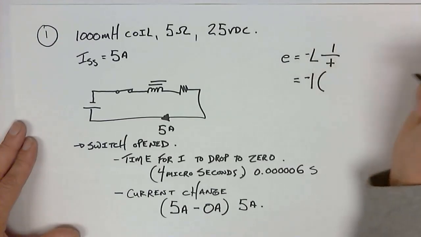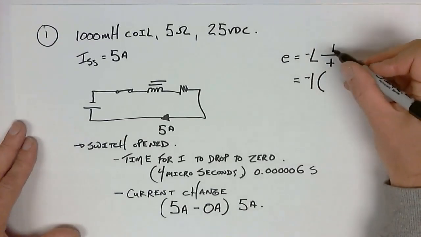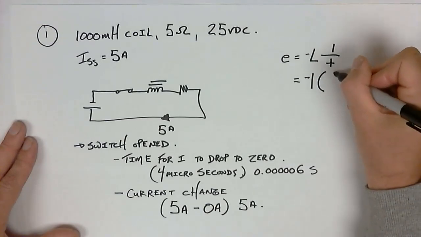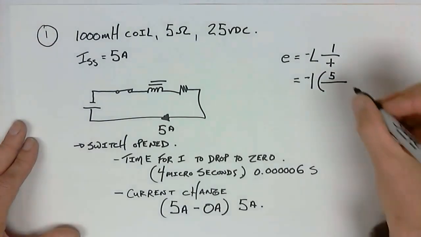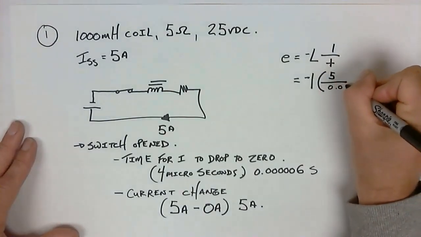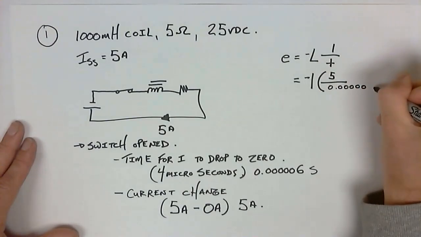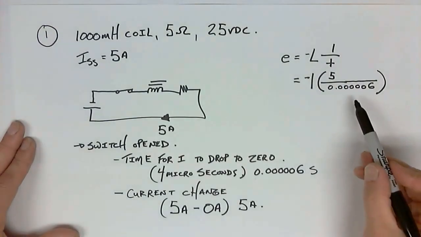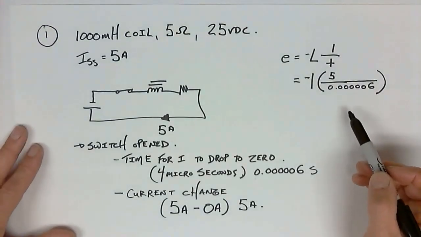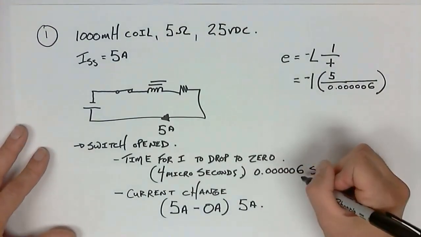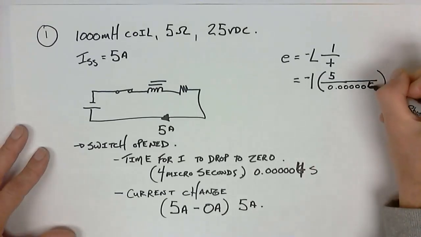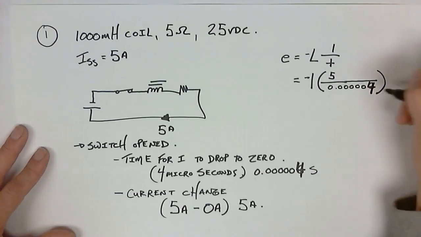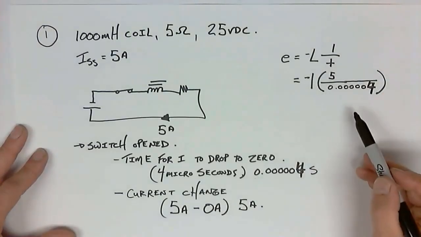And now we calculate my current change, which is 5, over the amount of time it took, 0.000004. This was my 4 microseconds. Whoops, what did I put in here? 6? It should be 4. There we go. That makes a lot more sense. Let's work with numbers that make sense.